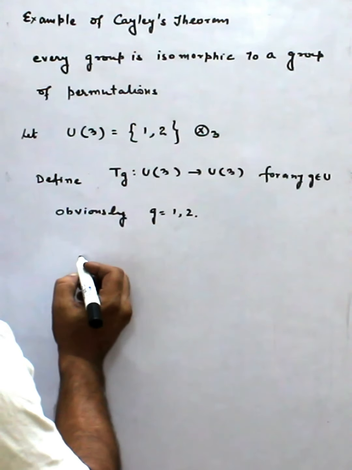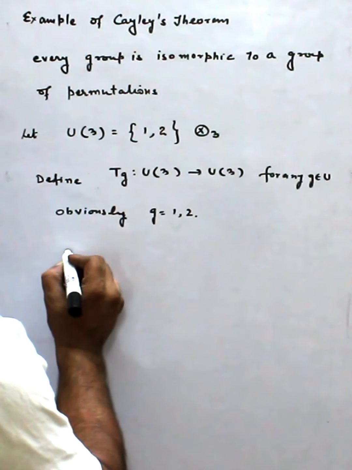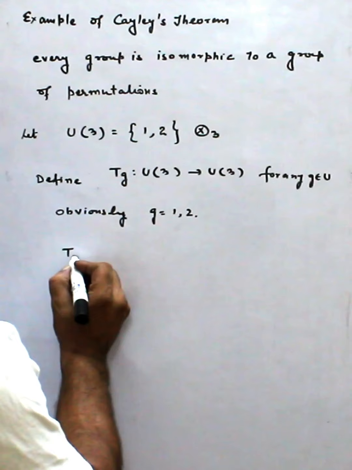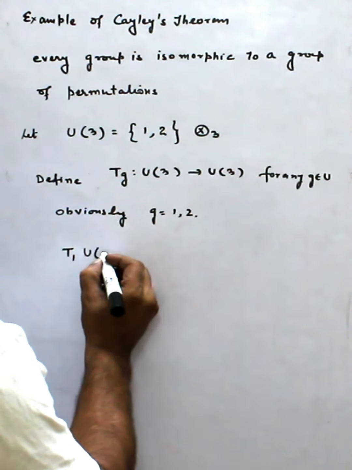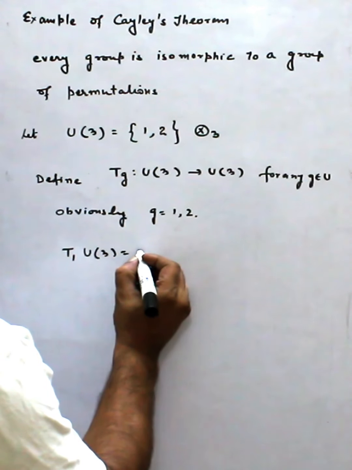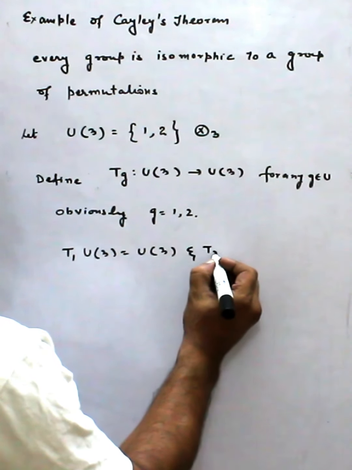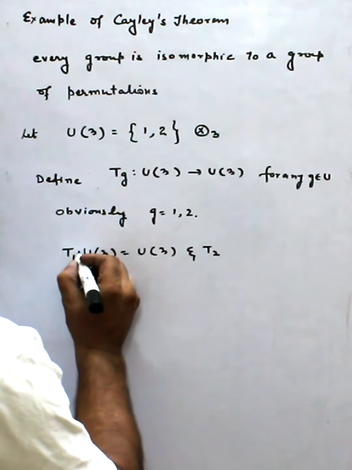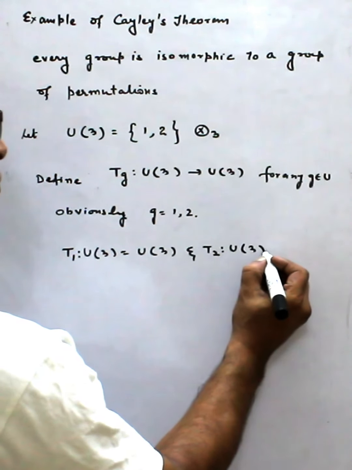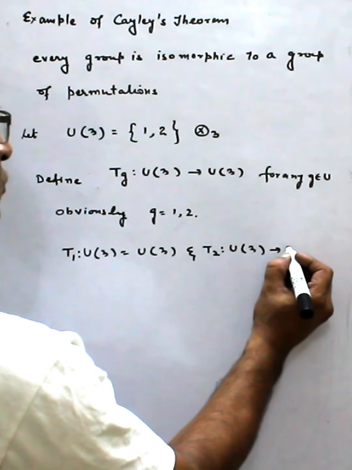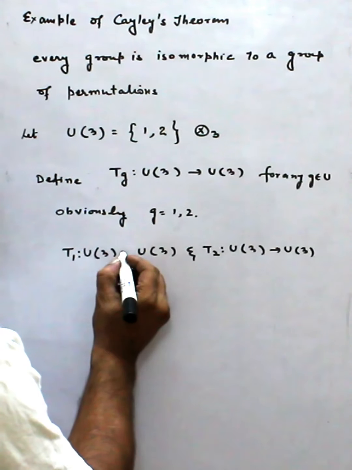So the permutations we can define are T1 from U3 to U3 and T2 from U3 to U3, right?